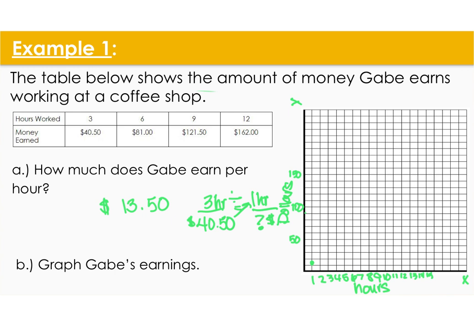Then I have the next one, which is 3, and that's $40.50. 6 is 81. 9 is 121. And 12 is 162. So we can see that's a linear relationship, and we can make a line for his earnings.